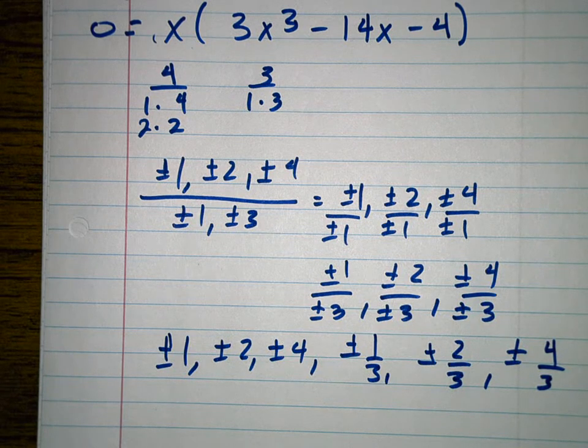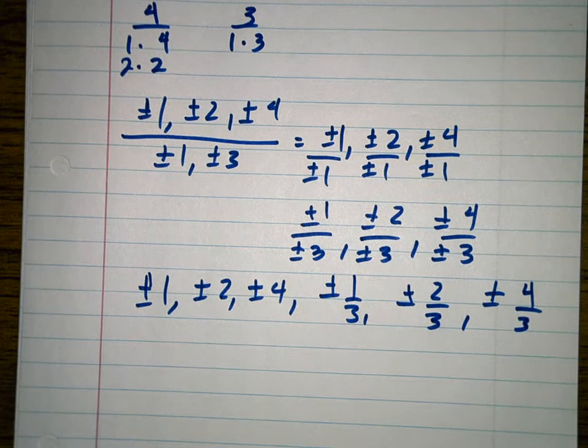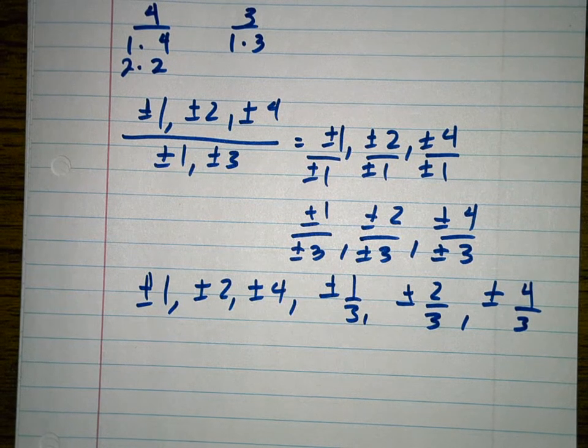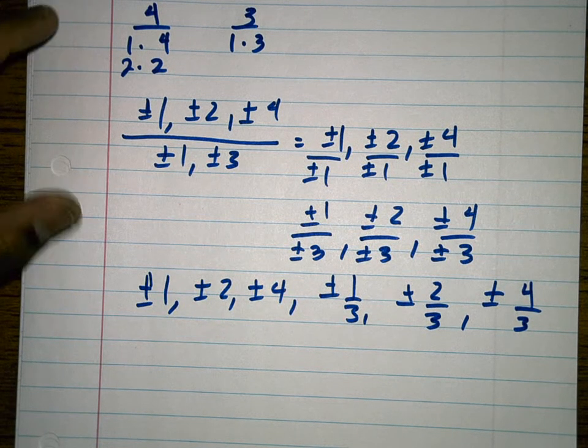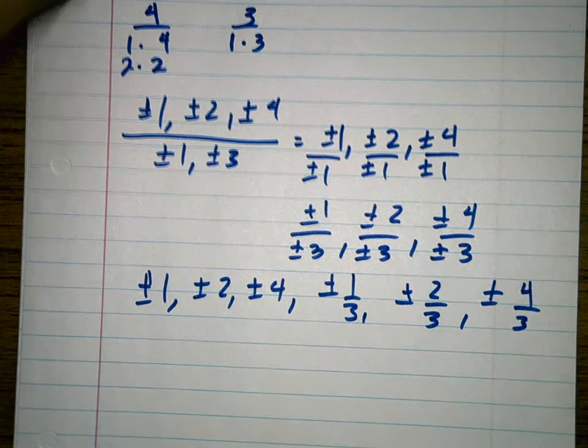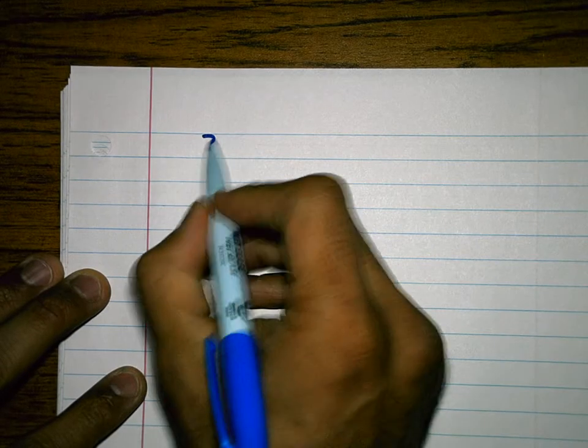There's a lot there. I'm going to use synthetic division and try to find them. Start with the easiest ones. Hopefully you get lucky. I'm going to go with 1. I'm going to go to another piece of paper here. The one I'm dealing with is the one after I factored out an x.